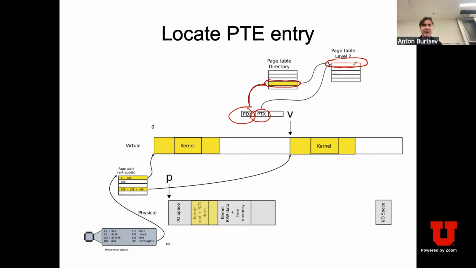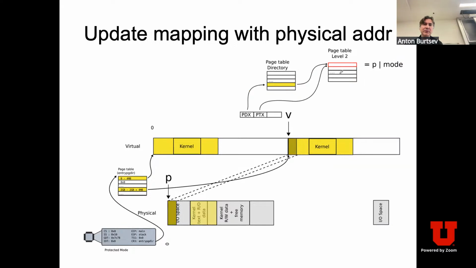And what I'm writing into this entry is essentially this P. Remember, this is how the algorithm works. It's just that the lowest 12 bits of P will be nulls, so instead of writing P itself, I will round it down to the page. And those will be flags. I call them mode here, so it can be read-only, writable, kernel accessible, user accessible. And of course, you need to put the present bit, right?